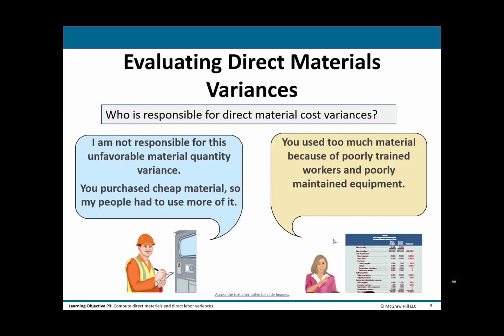We took a look at a total of 3 direct material variances. We took a look at the materials quantity, the direct materials price, and the 2 of them combined together. And we talked about what you would do with those things and who you would go speak to if an actual cost was different from the budgeted costs.